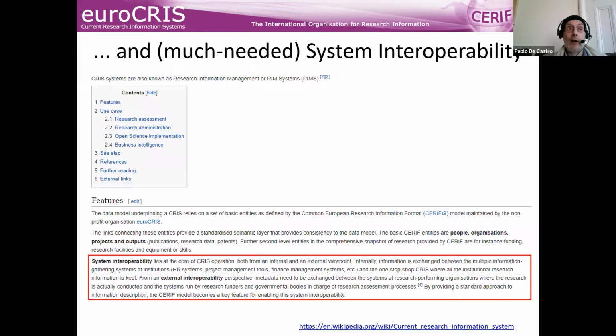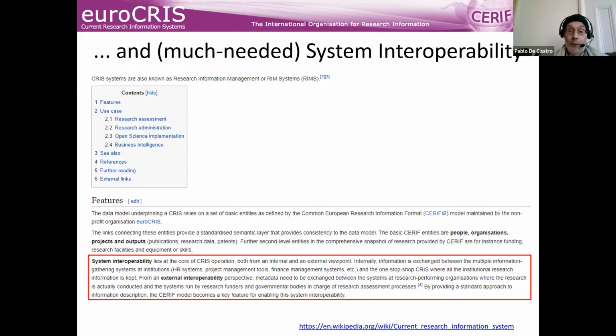So internally, CRIS systems are collecting information on the researchers, typically coming from up-to-date HR databases internal to institutions. They're collecting information on funded projects that are typically taken from platforms for project management at the institution.